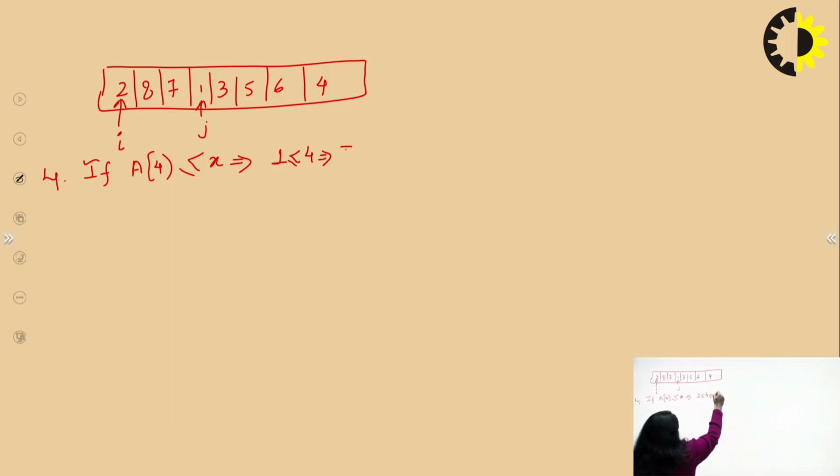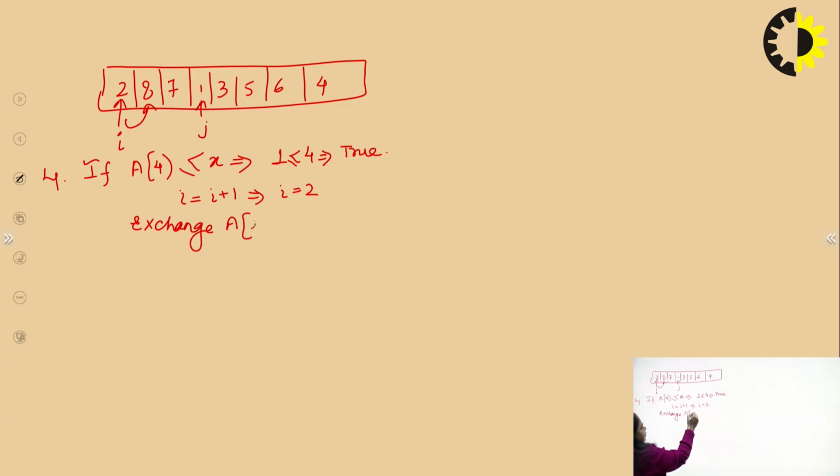Condition true. If the condition is true, then we have to do I equals I plus 1. What is the location of I? It is 1, so it means I is equal to 2, right? So I will come over here. Then we have to do the exchange of A I with A j.